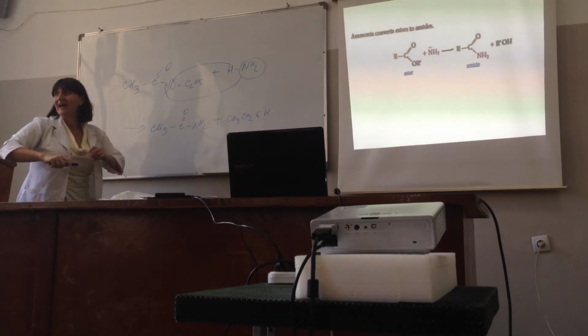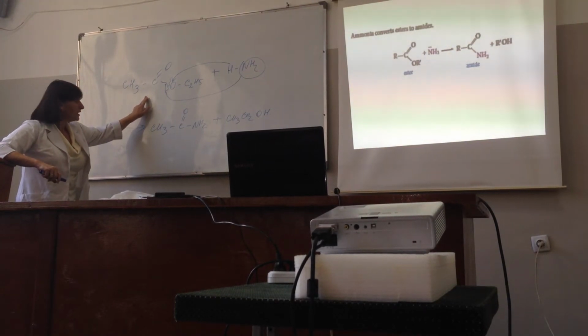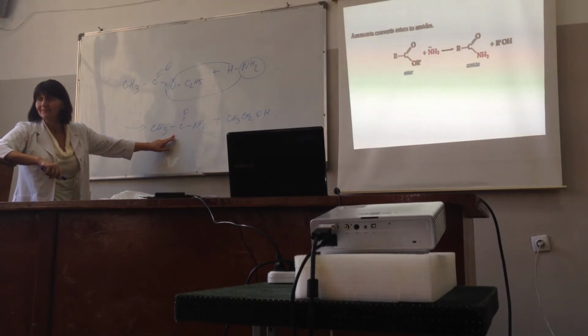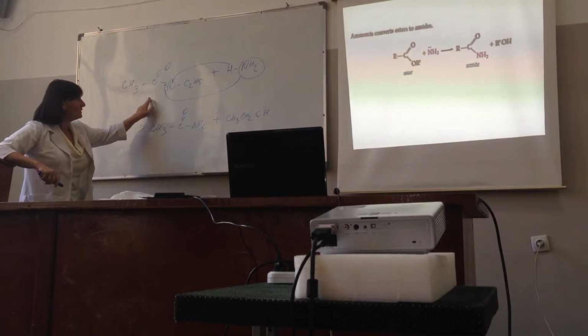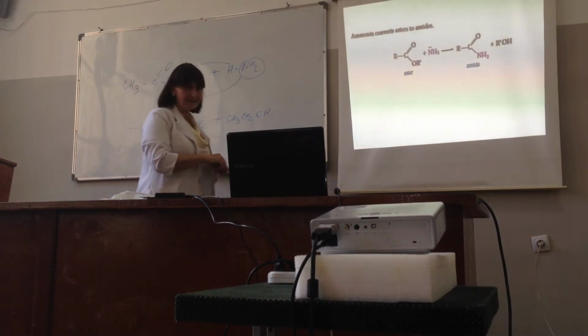So after aminolysis of esters, you can get amide, the second derivative of carboxylic acids. So from esters, after reaction with ammonia, you get amide.